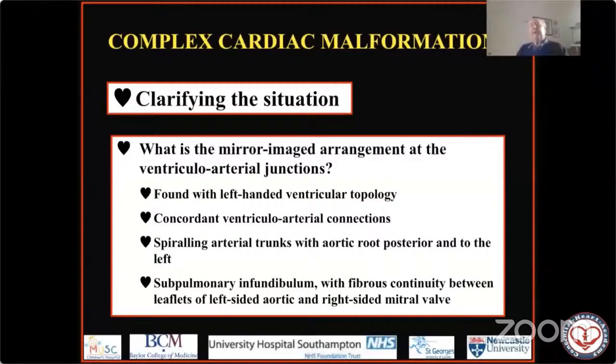So what Diane is going to show you is this arrangement in the setting of a heart that has left isomerism of the atrial appendages, but which does have left-handed ventricular topology, with the ventricles giving rise to their appropriate arterial trunks. And she's going to emphasize the spiraling of those arterial trunks as they leave the base of the ventricular mass.